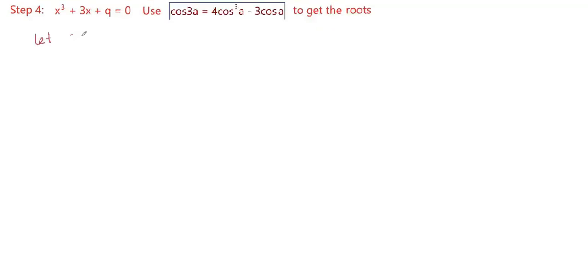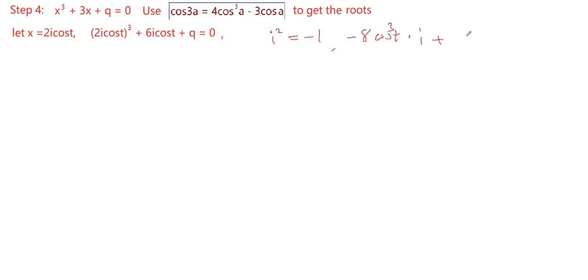Let x equal to 2i cosine t. And this becomes (2i cosine t) cubed plus 3 times 2i cosine t plus q equal to 0. Because i squared equal to minus 1, it becomes 8 cosine cubed t times i plus 6 cosine t times i plus q equal to 0.